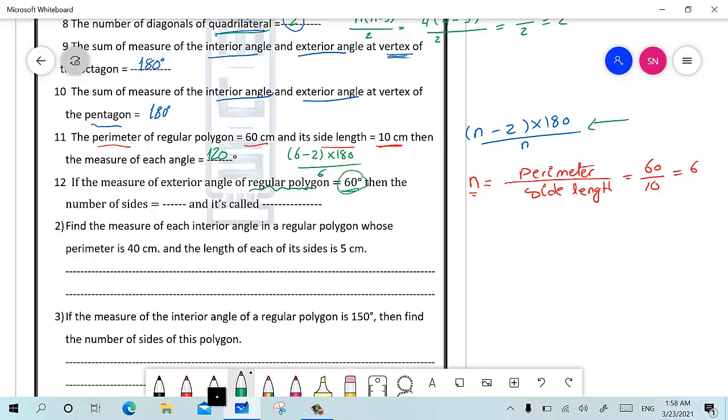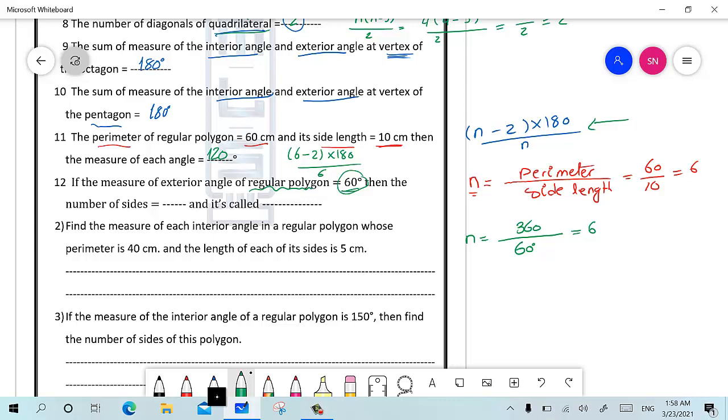So to find n here, I'm going to make the 360, which is the sum of exterior angles, divided by the measure of each exterior angle. So I will have this equals 6. So now I know that it's equal to 6 sides.